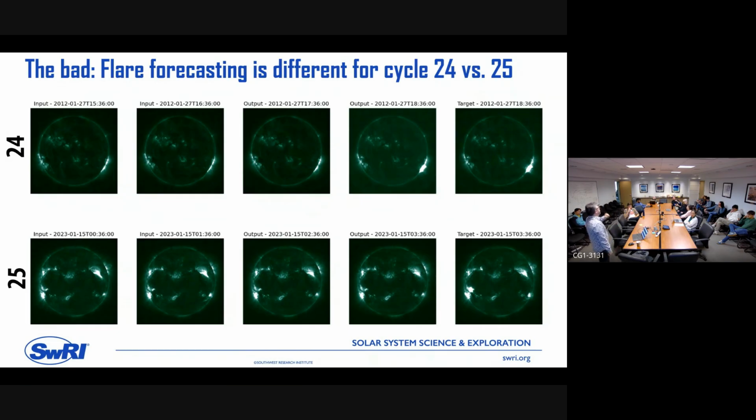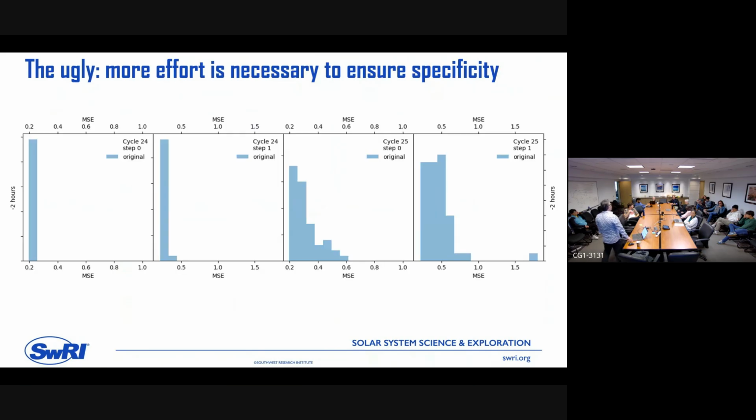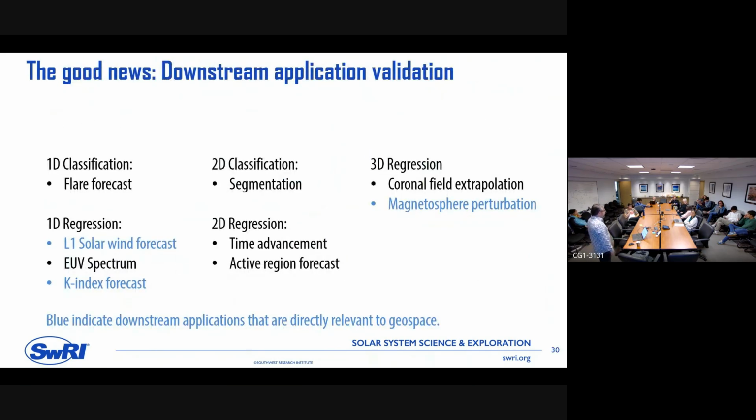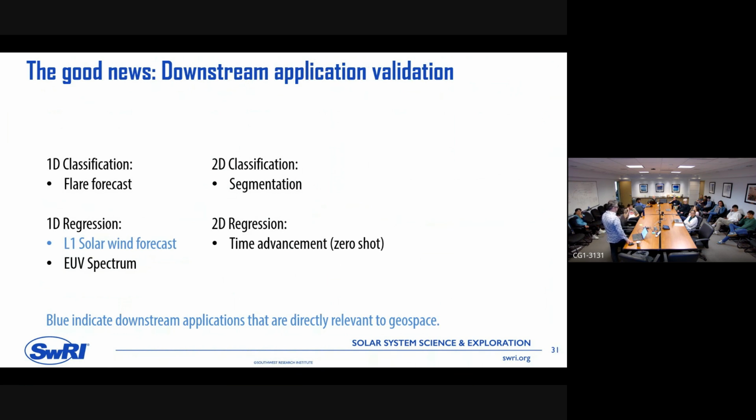It's true. For me it's yes and no. We lack a forecasting element. And then CMEs, of course. It's the same sort. So remember the context of these downstream applications that I was presenting, which we also tested with our first release: flare forecast in the next 24 hours, segmentation of active regions, so whether there is an active region here or not, solar wind forecast, and ultraviolet spectrum nowcast.